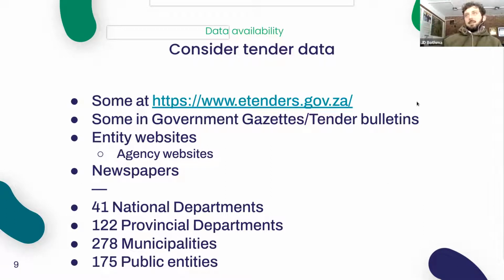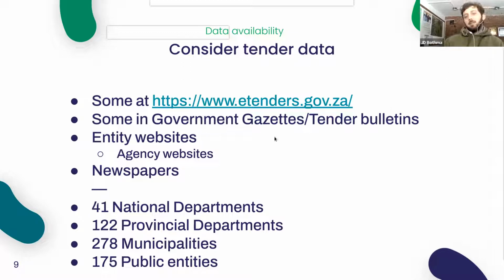Tender data, I said, is probably one of the pieces of the big procurement data puzzle that is most available. In South Africa, some tenders are available at etenders.gov.za. That is National Treasury's tender website. It's not comprehensive and it's a pain to use.